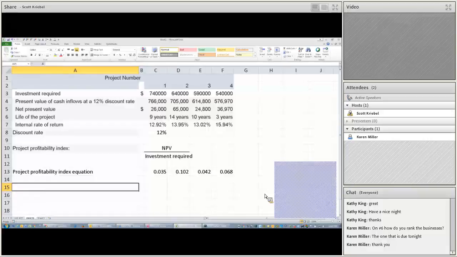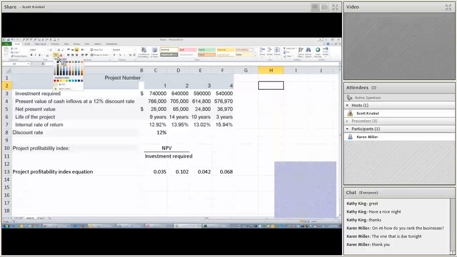So now the question is, how do you rank the 4 projects? So it's all going to be different based upon which criteria we're using, right? So I'm going to color code these. I'm going to say anyone with a ranking of 1 should be green, right? Because you're going to green light that.